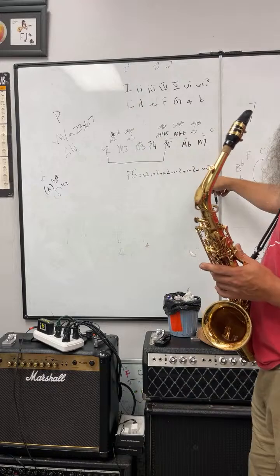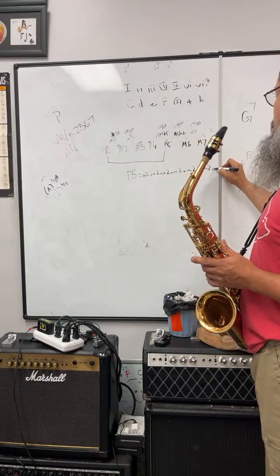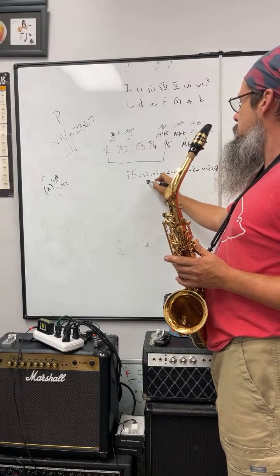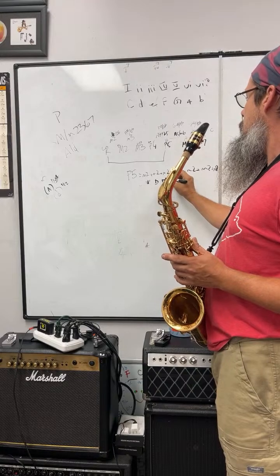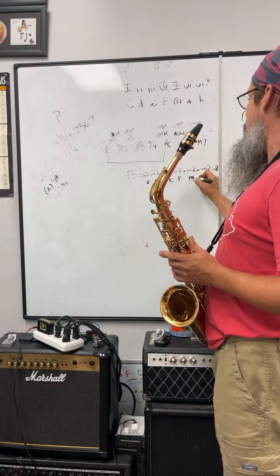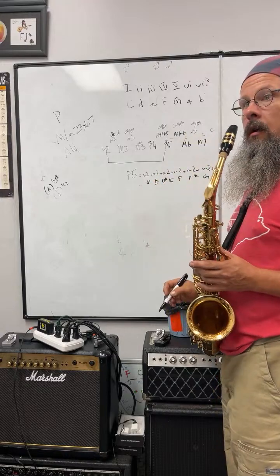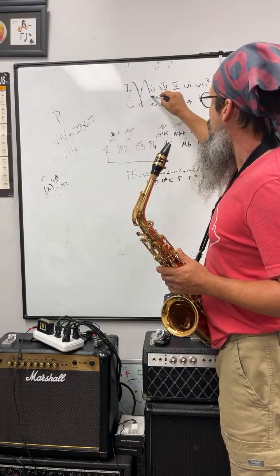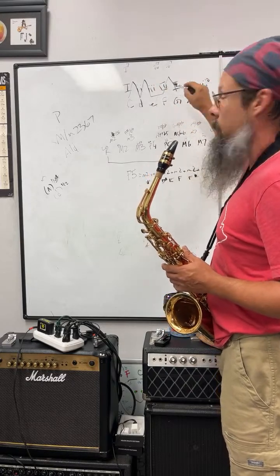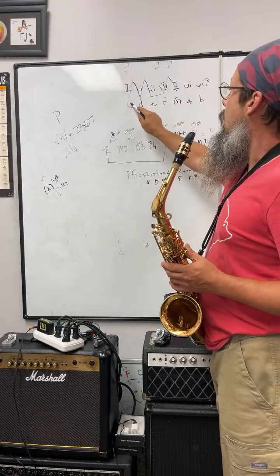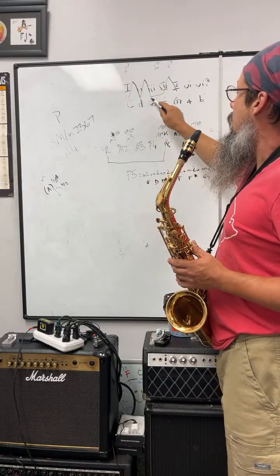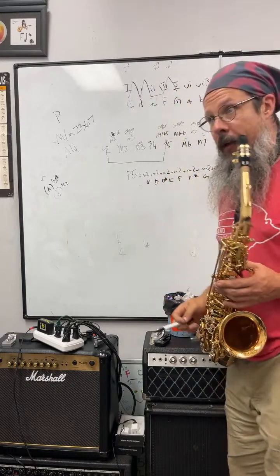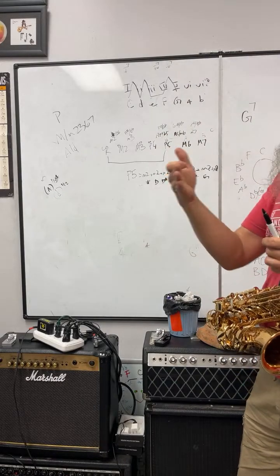When we get 7 minor seconds, 1, 2, 3, 4, 5, 6, 7, we go from C to C sharp to D to D sharp to E to F to F sharp, and then it's G. A perfect fifth is a stacking of minor seconds.